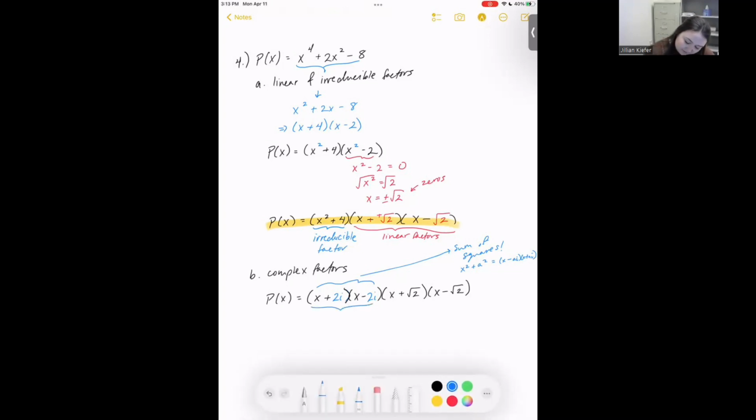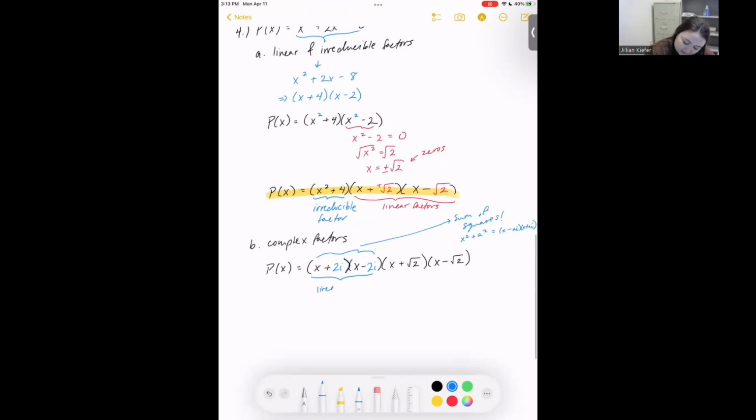And now these are linear factors with complex coefficients, and these are linear factors with real coefficients. And that would be our answer for part B.